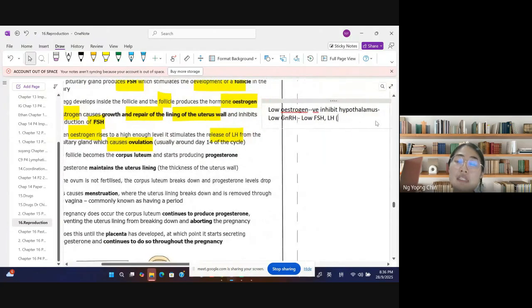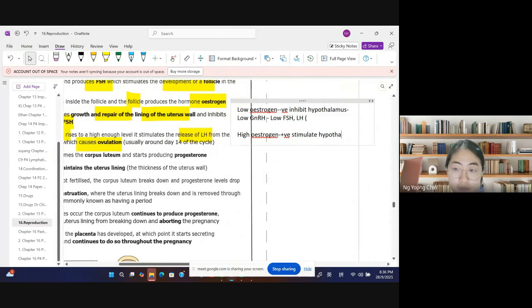But what happens if the estrogen level becomes very high? High estrogen level can positively stimulate the hypothalamus to secrete what? More GnRH.